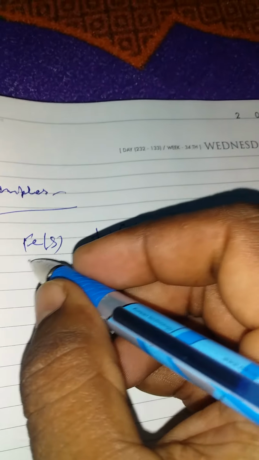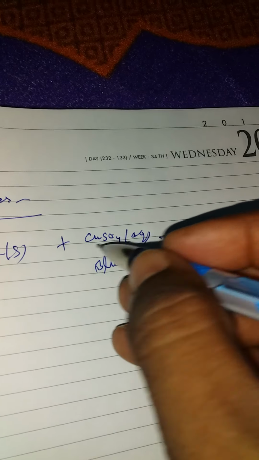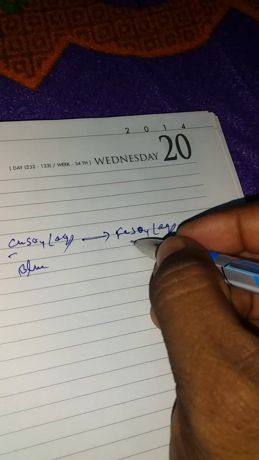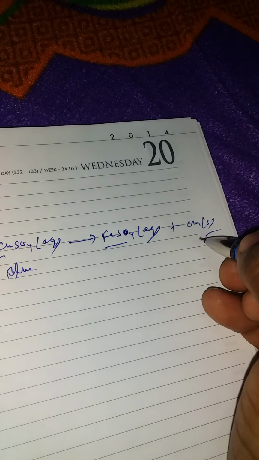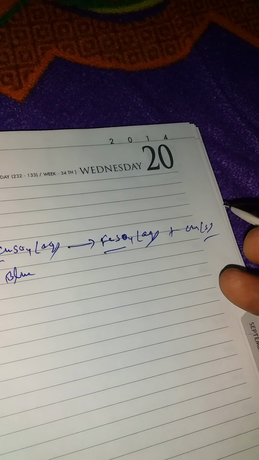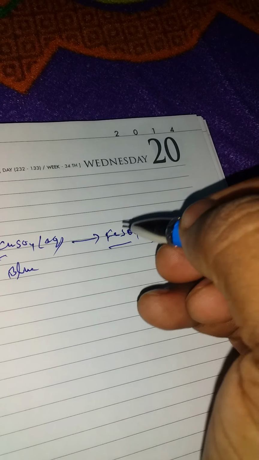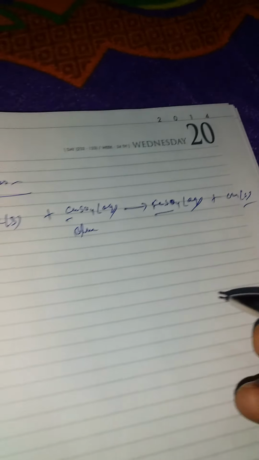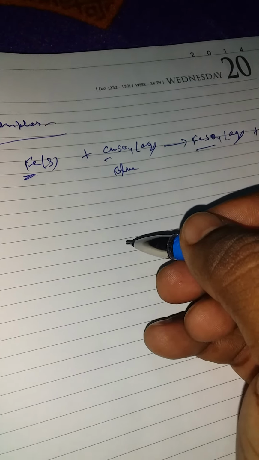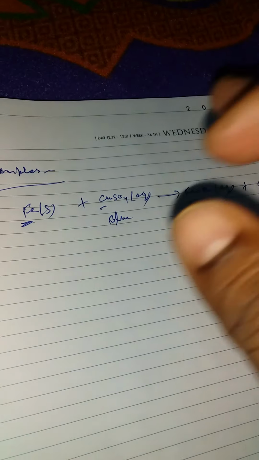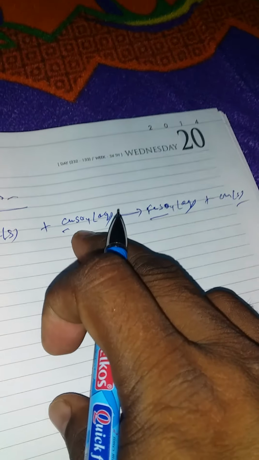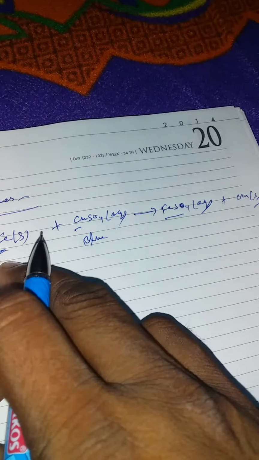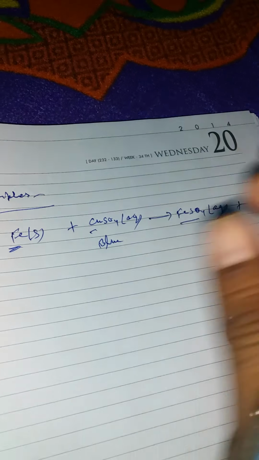In this reaction, iron displaces copper to form the new substance iron sulfate, and copper is removed from the solution. So iron is more reactive than copper.